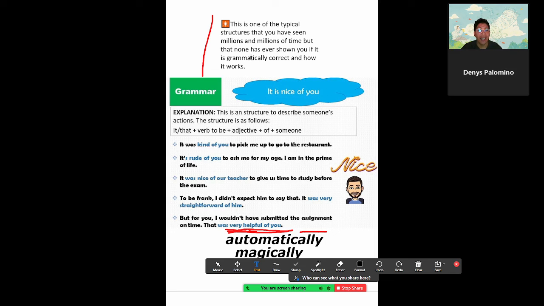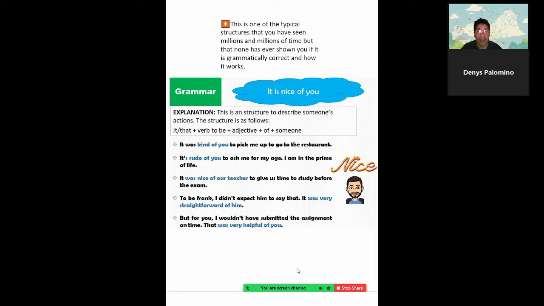Magically. ¿Cómo dirías gramaticalmente? Grammatically. Da la sensación de que dices la A, pero no la dices. Ok? Good job. Grammatically, automatically, or magically. Ok, vamos a aprender la estructura It is nice of you.